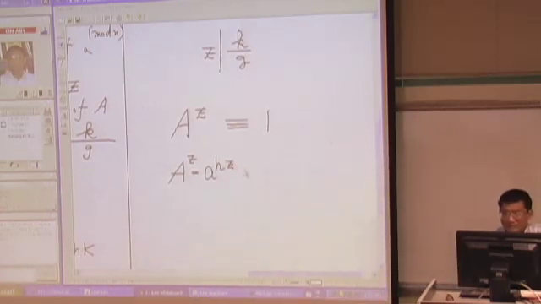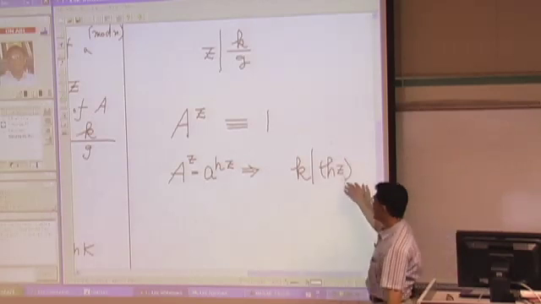So, because of this reason, as you can see, K divides this power HZ. Do you see it or not?